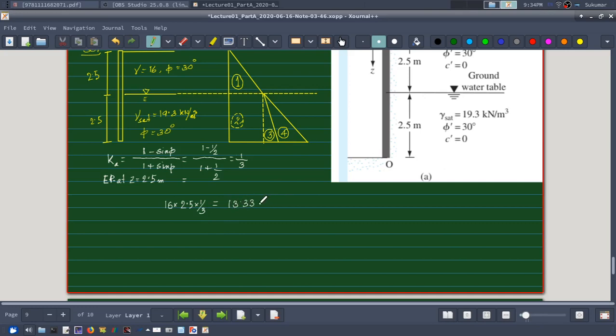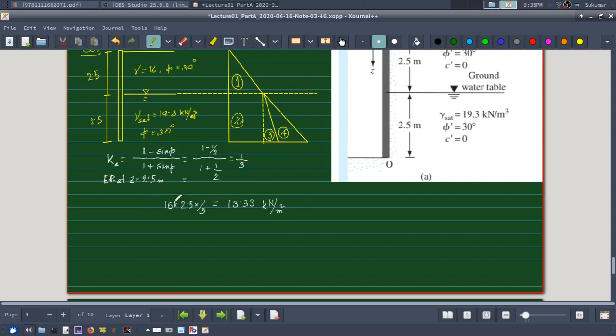What will be the unit? Unit will be gamma times Z, because K is unitless, so it will be kilonewton per meter square. It is a pressure, the intensity, and it is actually per unit length of wall in the perpendicular direction.